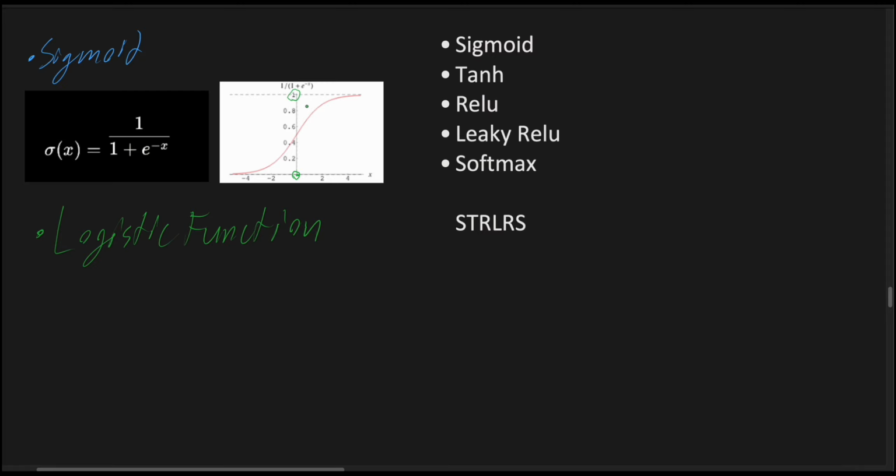But not exactly to the boundaries of 0, 1, just for context. This characteristic is useful when the function is used to model the probability in binary classification. So great for binary classification.